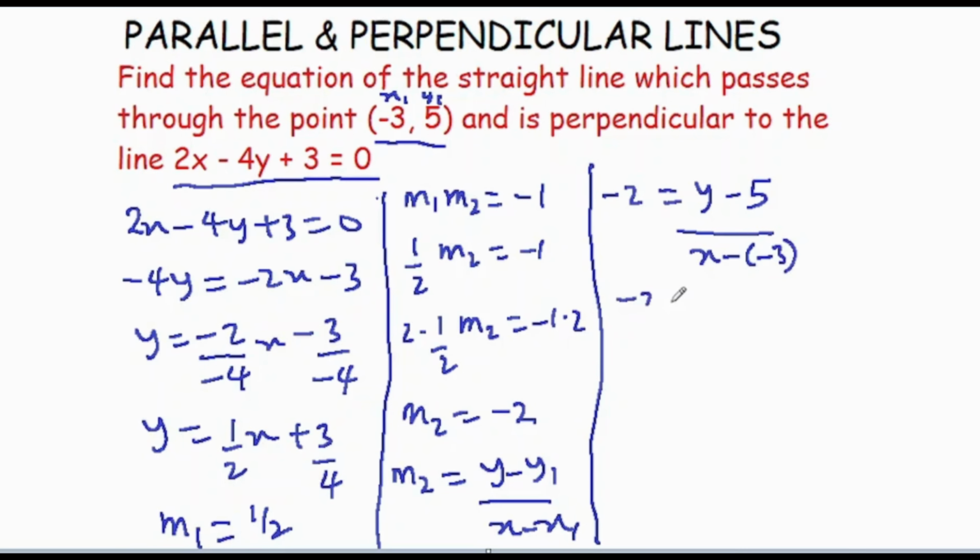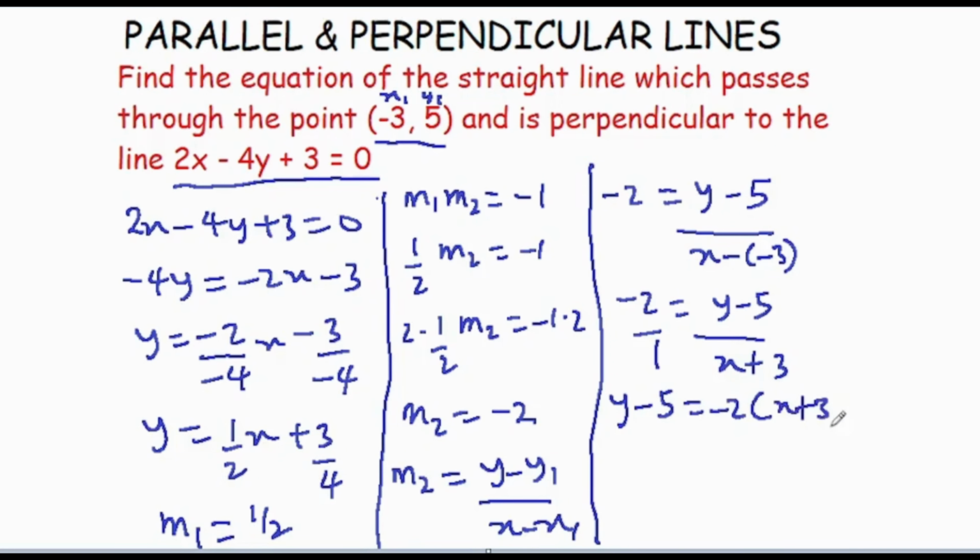So this is negative 2 equals y minus 5 over x plus 3. So we're going to cross multiply, and we're going to have y minus 5 equals negative 2 times x plus 3. So this is y minus 5 equals negative 2x minus 6.